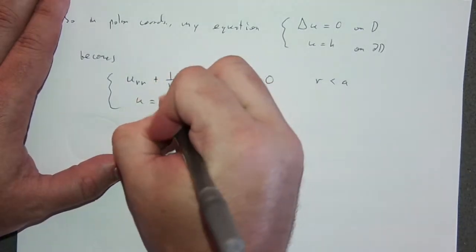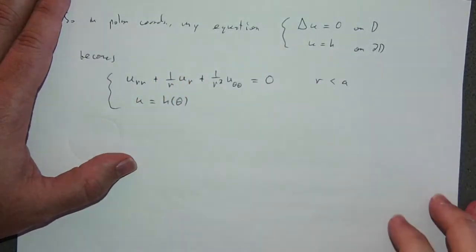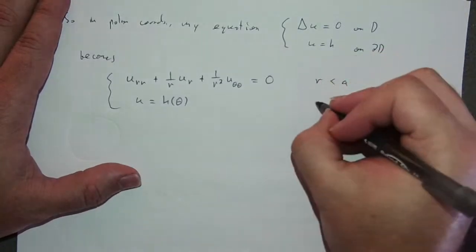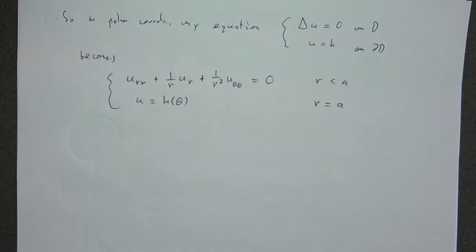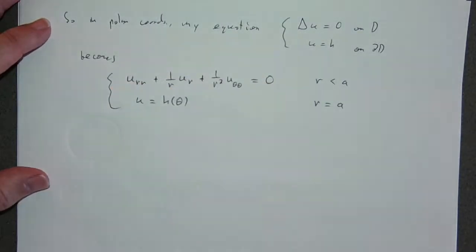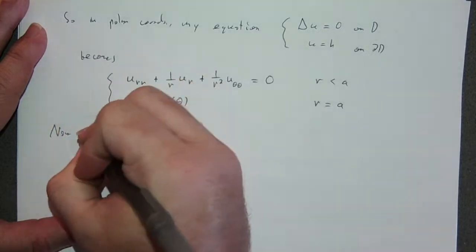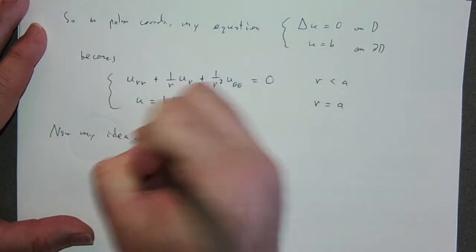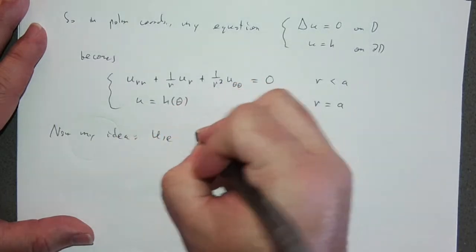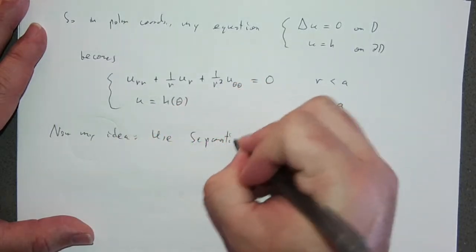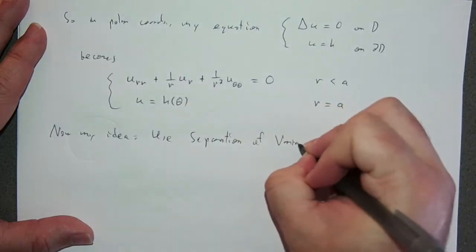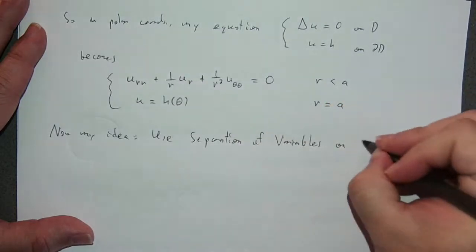And u is this function h when r is equal to a. And so this is the thing that I want to solve. Okay. So now my idea is to use separation of variables on this equation.